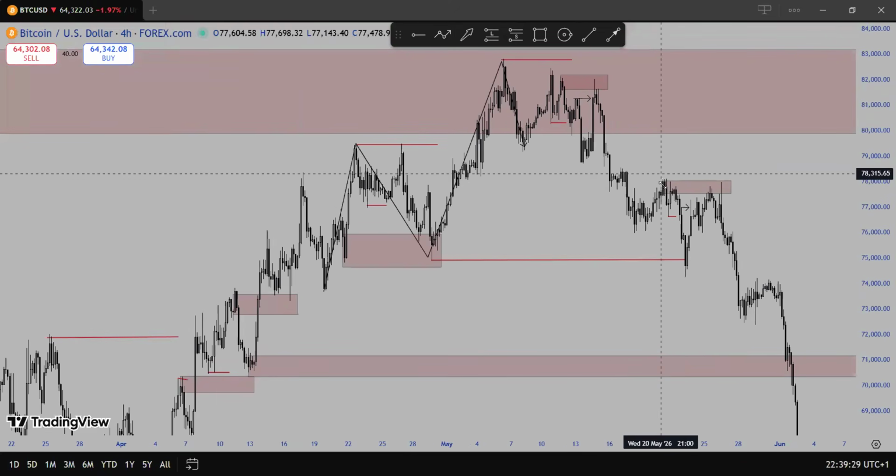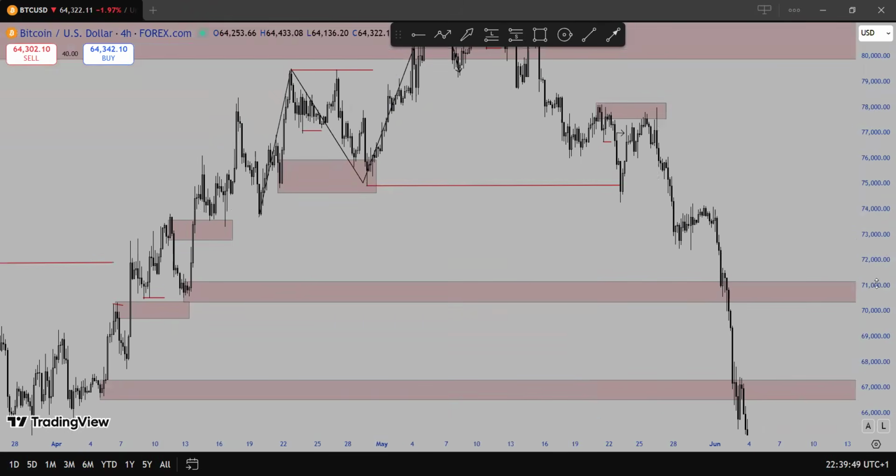So taking a sell from this zone is risky, because we know how the market moves. Market moves to hunt liquidity, to correct imbalances, and then market moves forward to go to its intended direction. So this is how you can use directional bias.